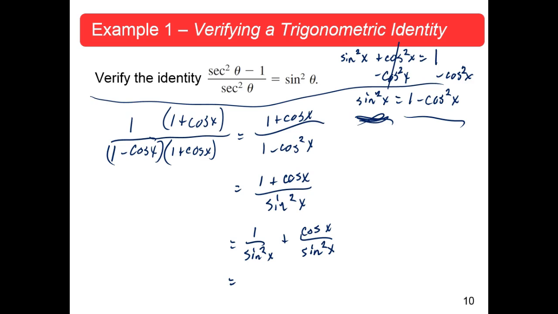We've already done it at least once today. 1 over sine is?